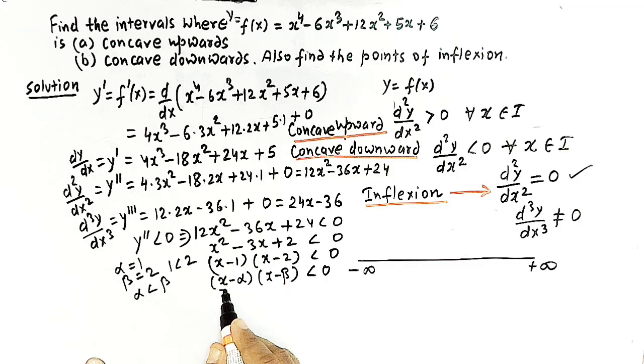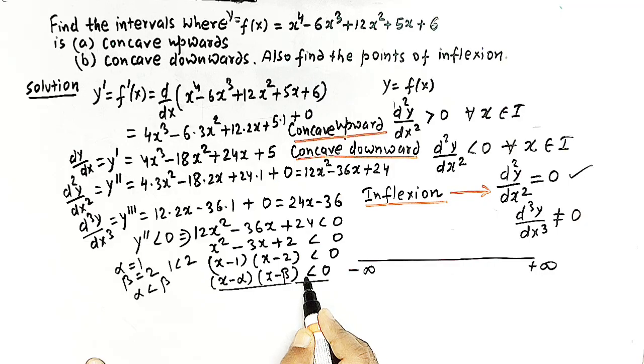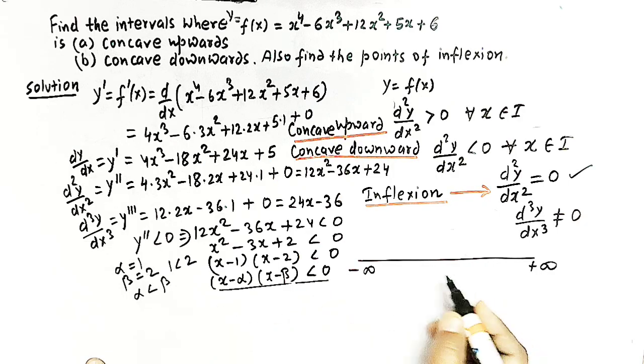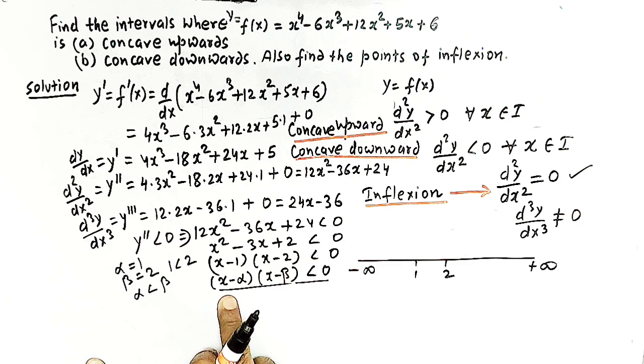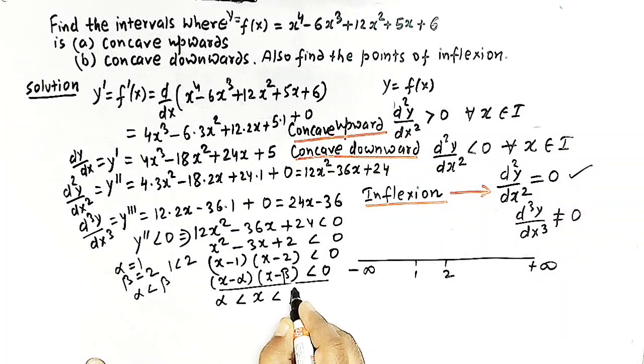So whenever we have an inequality of this form, x minus alpha, x minus beta, the product is less than 0, then here we have 1, here we have 2, then the solution of this kind of inequality is given by x greater than alpha and less than beta, that is x belonging to the interval alpha comma beta, right?